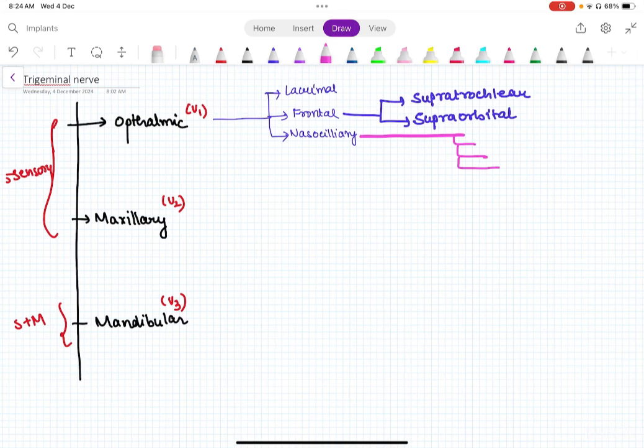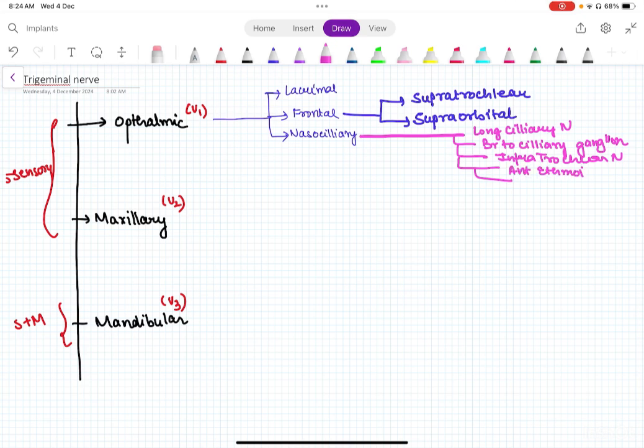Now nasociliary has, first is the long ciliary, then branch to ciliary ganglion, then you have infratrochlear nerve, then you have anterior ethmoidal and posterior ethmoidal nerve.